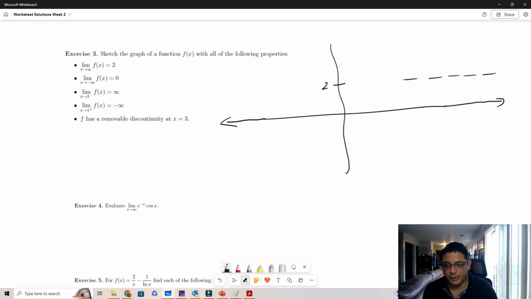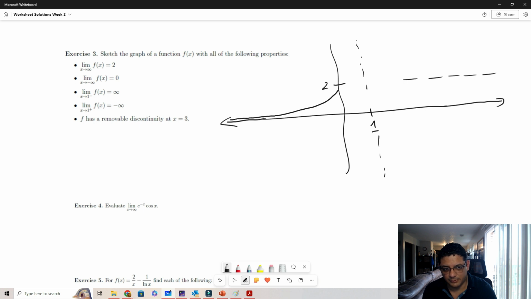It says that when we are approaching 1, then it's infinity by the left. So here 1, and so it is infinity by the left. So we have an asymptote here. And so for now, let me just say, well, if this is coming from minus infinity, has an asymptote here, so it's like this.